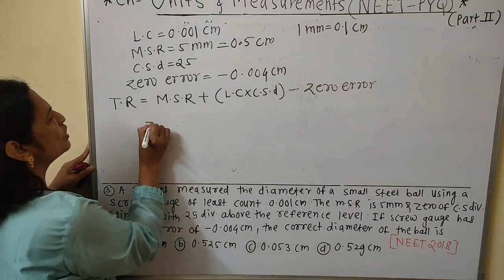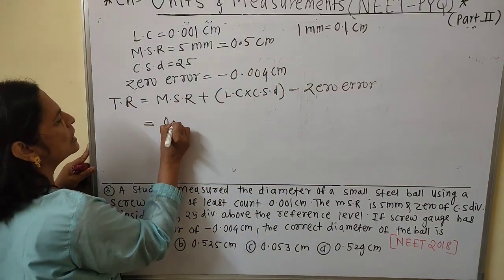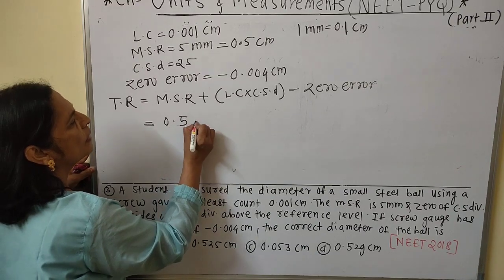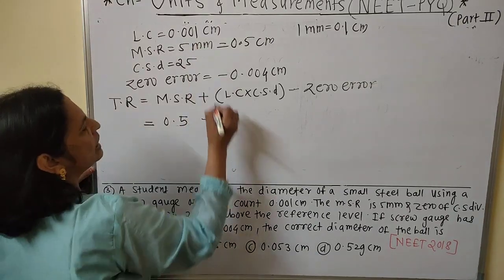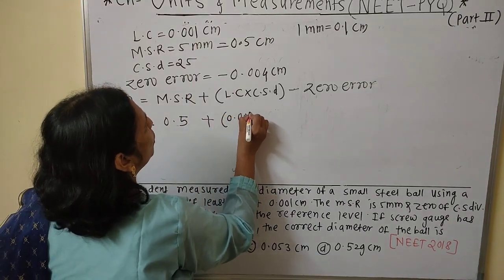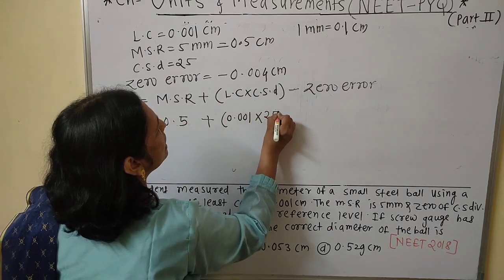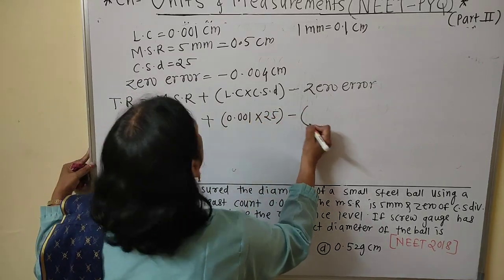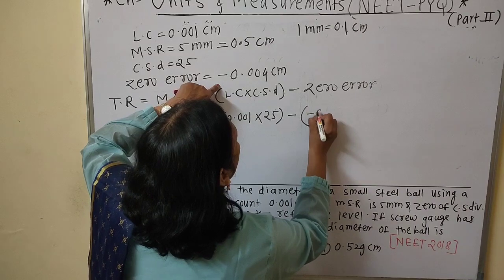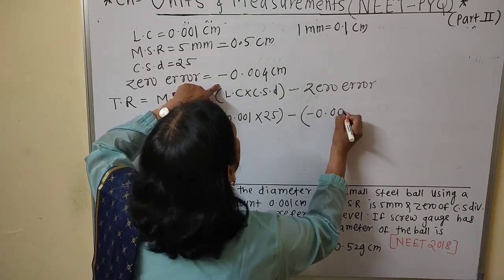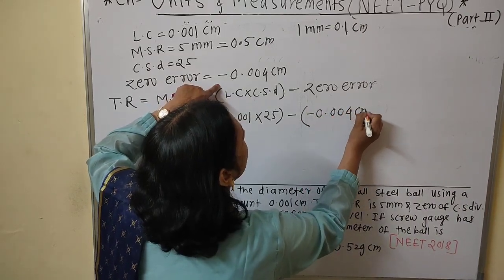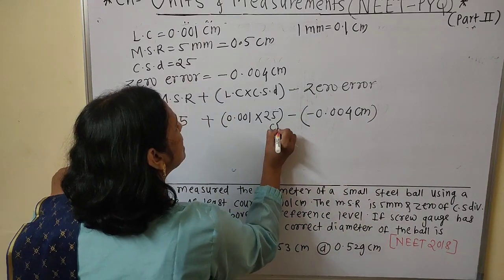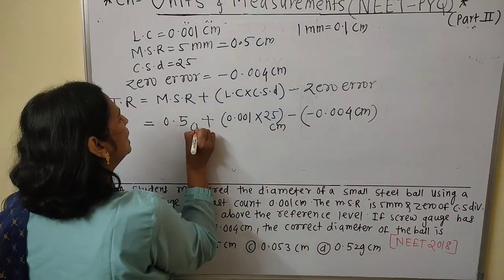And now substitute main scale reading that is 0.5 centimeter plus least count is 0.001, circular scale division is 25 minus, now this zero error is minus 0.004 centimeter. All things are in centimeter now.